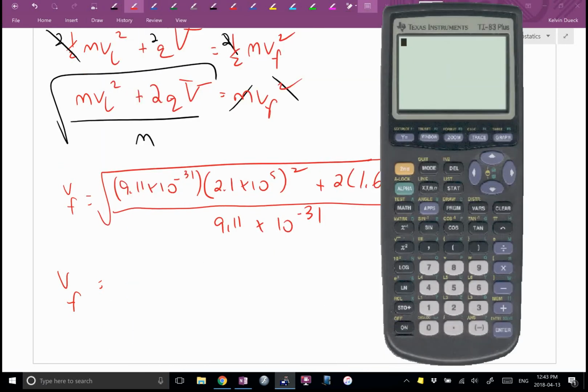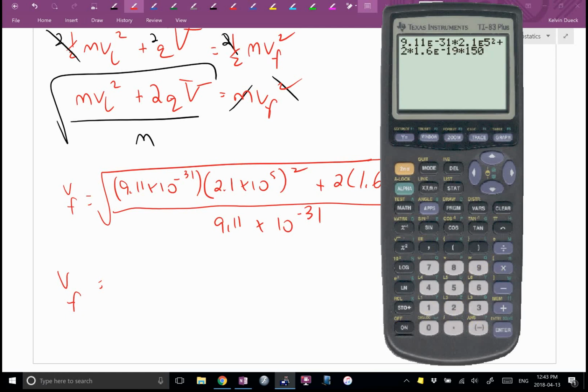Yeah, let's try typing this in one fell swoop. 9.11 times 10 to the negative 31 times 2.1 times 10 to the 5 squared, plus 2 times 1.6 times 10 to the negative 19 times 150.